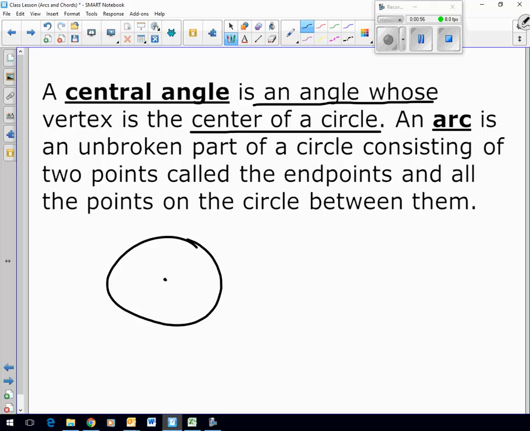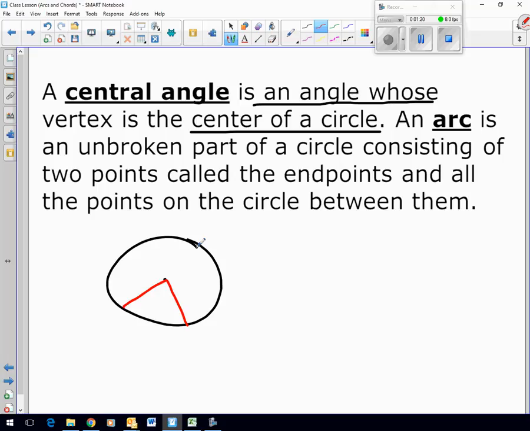Here is a central angle. Really simple concept. If two radii meet, they form a central angle.